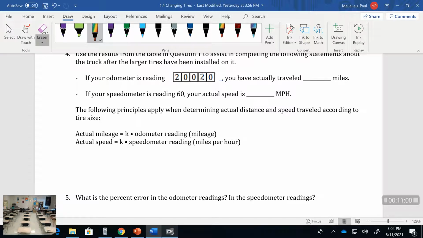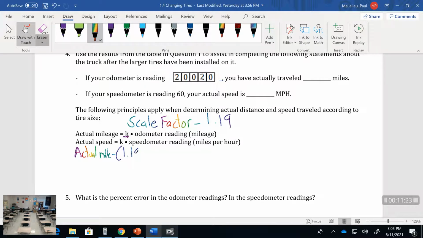So let's look right here. We knew our scale factor from up above, so I'm just going to write this here. Our scale factor we already established was 1.19. When we say K, that's talking about, in this case, our scale factor. So let's go actual mileage.